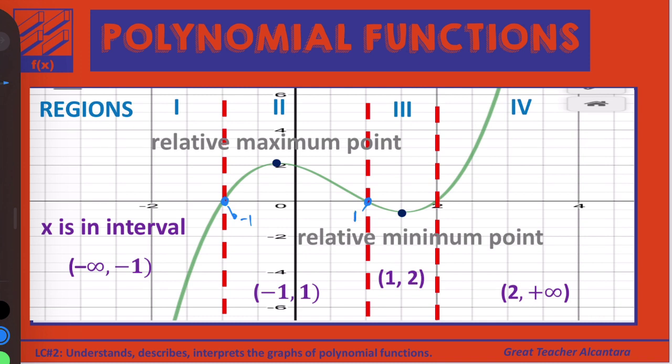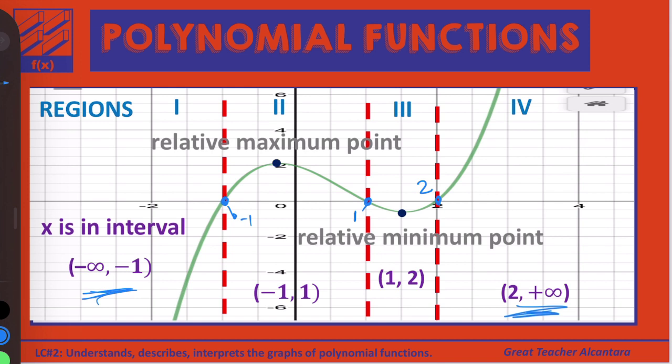And then your third is from 1 to your third intercept, which is 2. So basically, the regions are negative infinity to your first intercept, your intercepts, and then the last one onwards to positive infinity. I hope that one is better understood with that way of explanation.